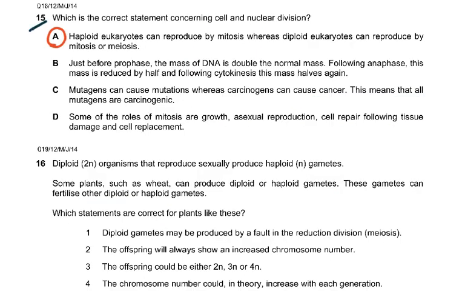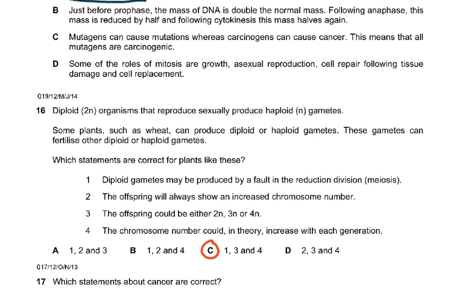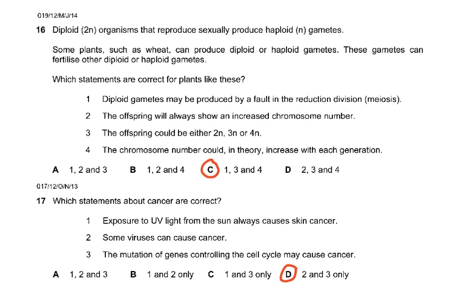Question 15. Which is the correct statement concerning cell and nuclear division? The answer was A. Haploid eukaryotes can reproduce by mitosis, whereas diploid eukaryotes can reproduce by mitosis or meiosis. Then question 16. Diploid organisms that reproduce sexually produce haploid gametes. Some plants such as wheat can produce diploid or haploid gametes, and these gametes can fertilize other diploid or haploid gametes.